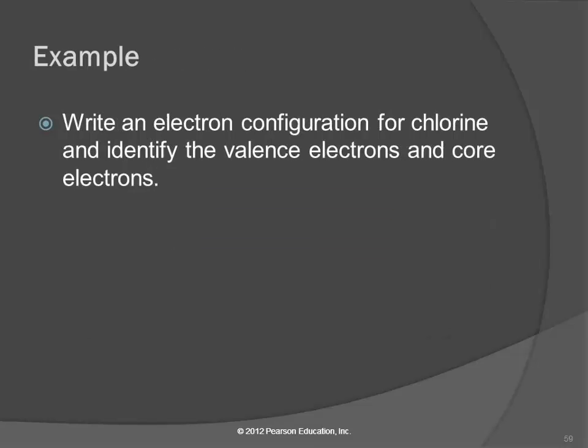So let's write an electron configuration for chlorine and identify which are the valence electrons and which are the core electrons. Chlorine has a total of 17 electrons. You can see that from the periodic table.